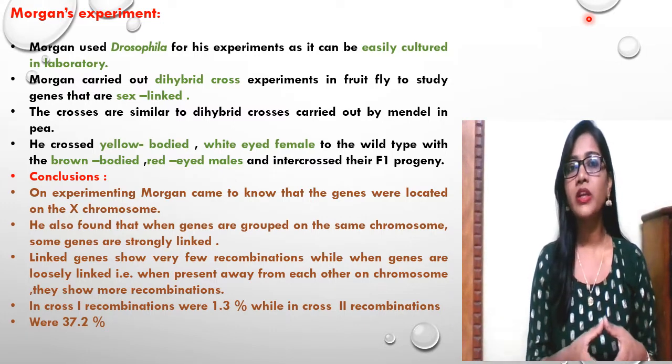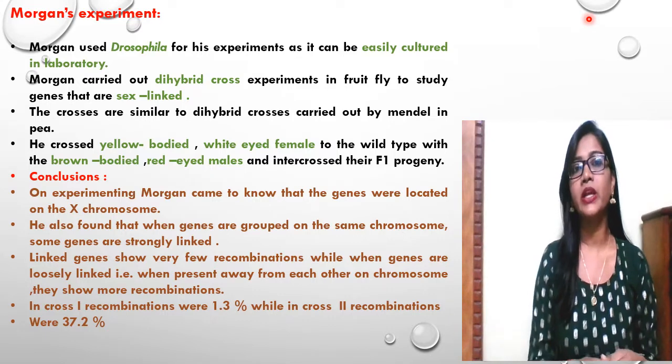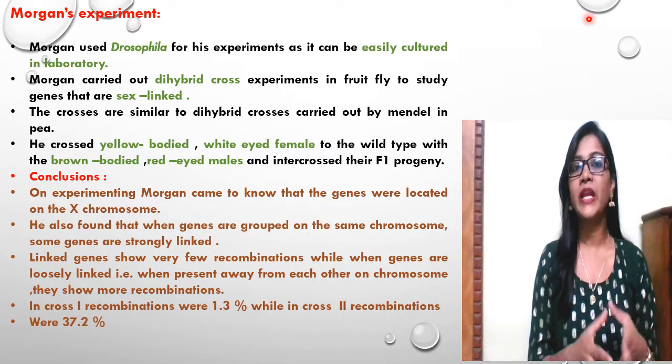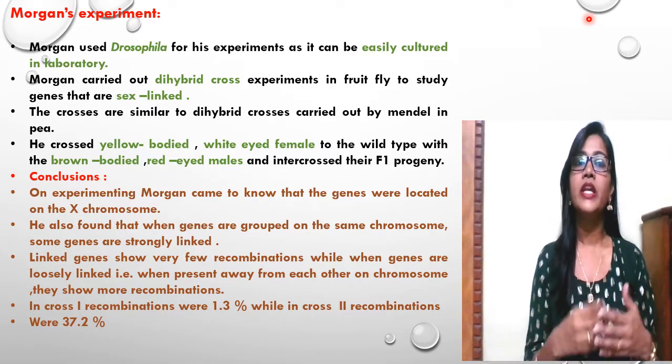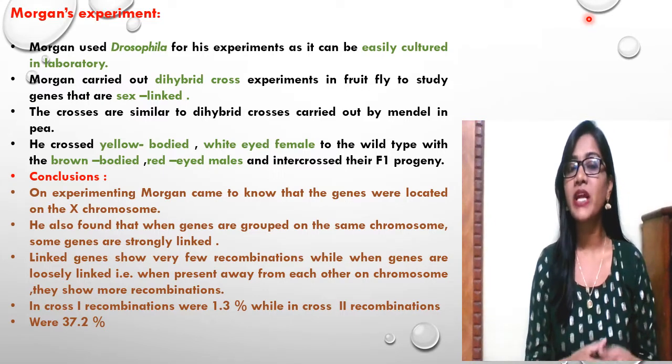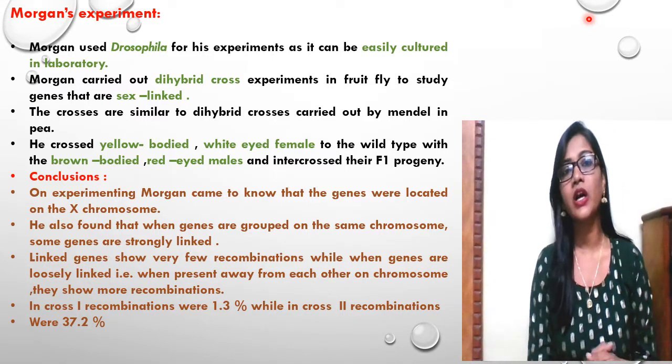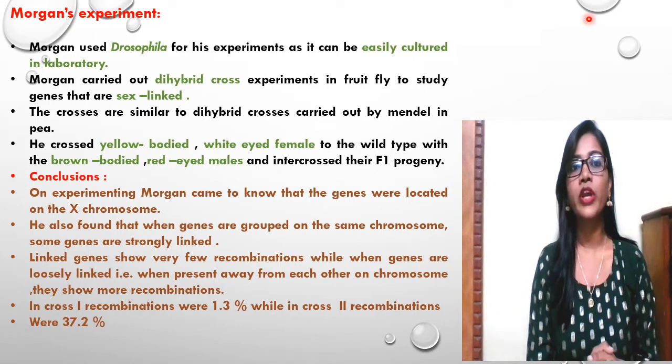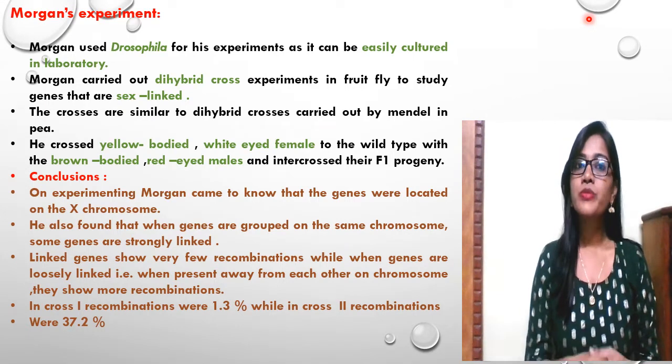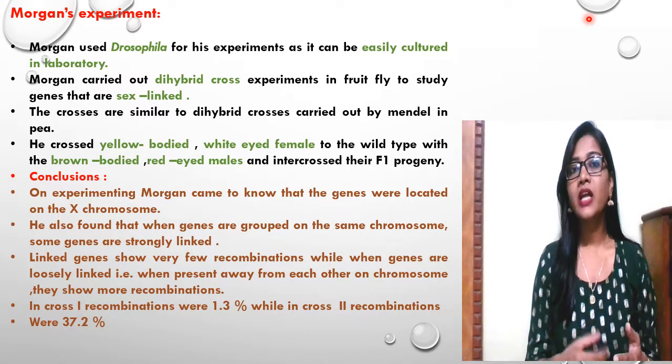So what Morgan did, he also did the same kind of experiments, but not with Pisum sativum, he experimented with Drosophila, the fruit fly, and he observed that there are some changes.